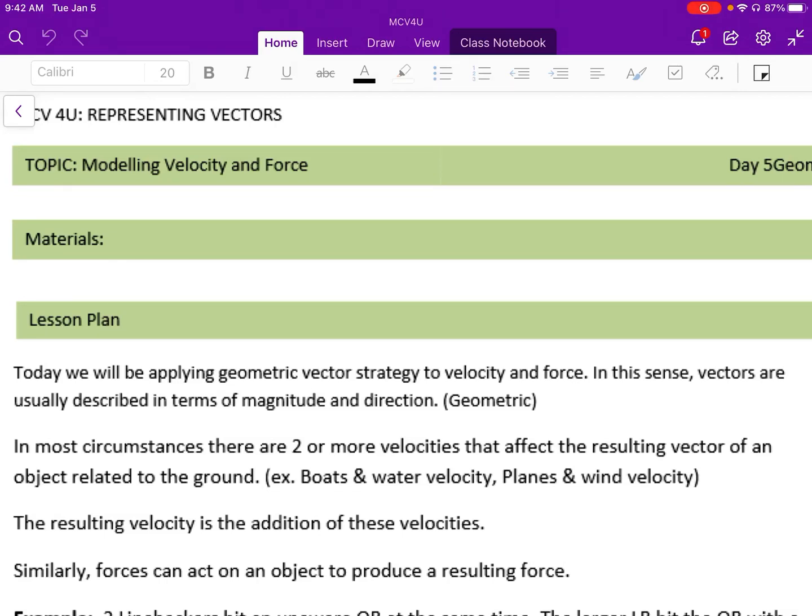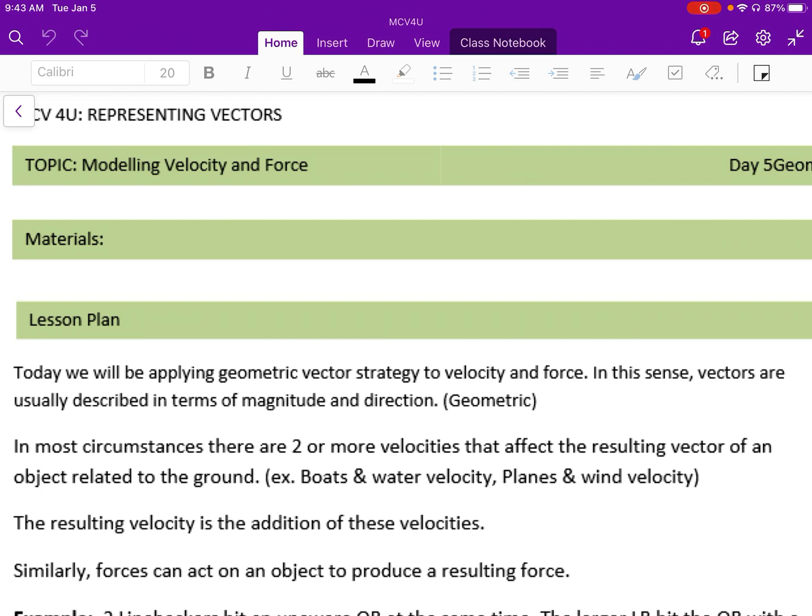So now that we have two ways of expressing vectors, geometric and algebraic, what we're going to do over the next two sessions is play around with them. We're going to get basically the same application questions. In the first session, we'll do them geometrically, and we'll see how that's done.